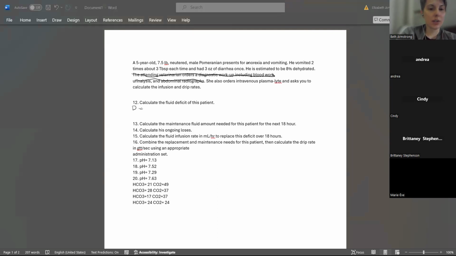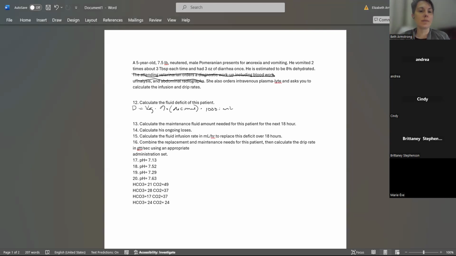Weight being in kilograms, times what we're dehydrated in, the percent as a decimal, times 1,000. Good, that gets us into mLs. So just remember that the times 1,000 is getting us from liters to milliliters.